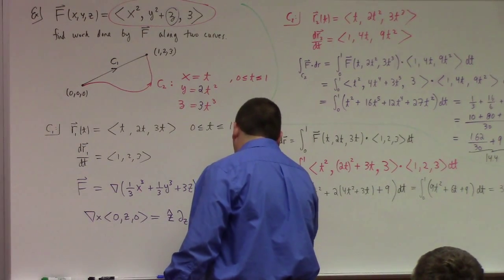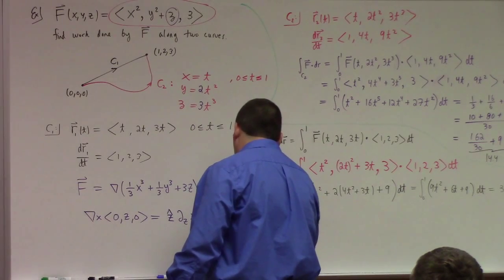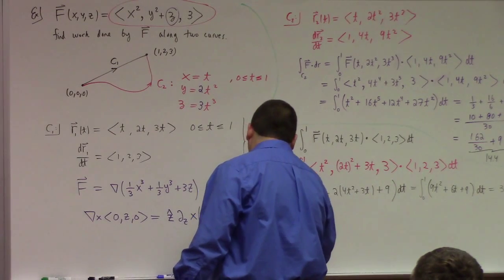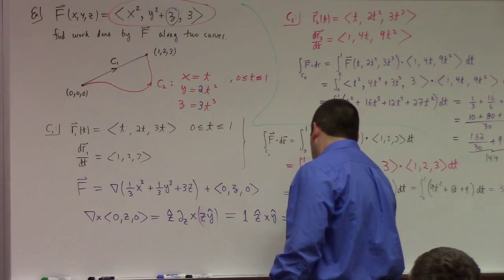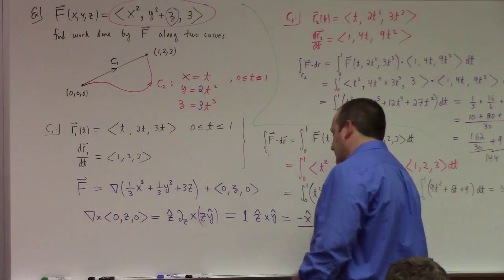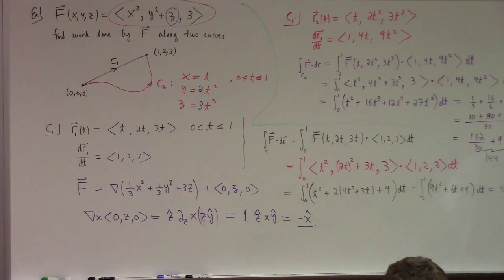I believe the curl works out to 1 times z hat cross y hat, which is what? Oh, excuse me. So I do believe the curl of f is minus x hat, if you work it out. Es bueno?